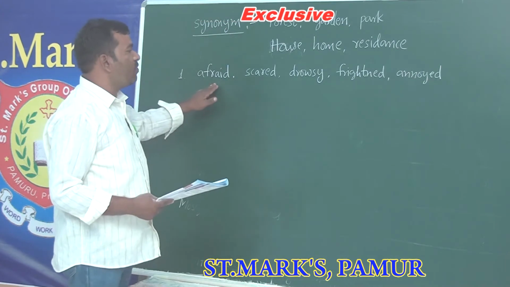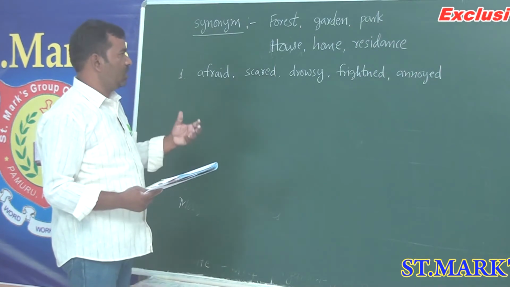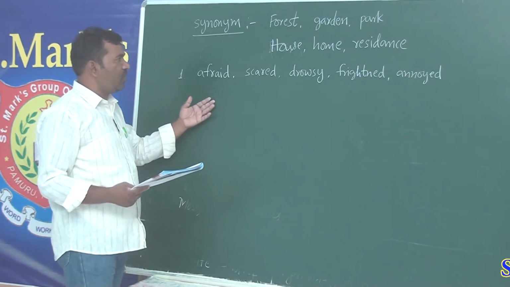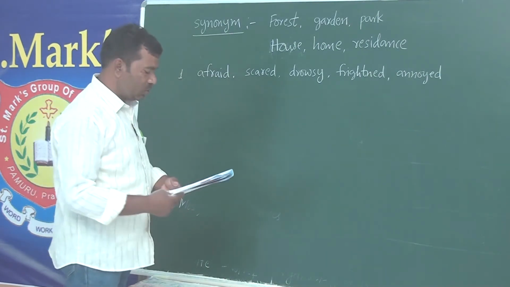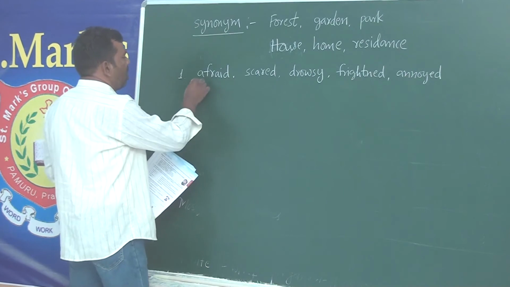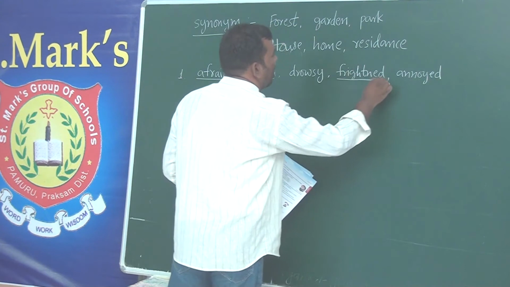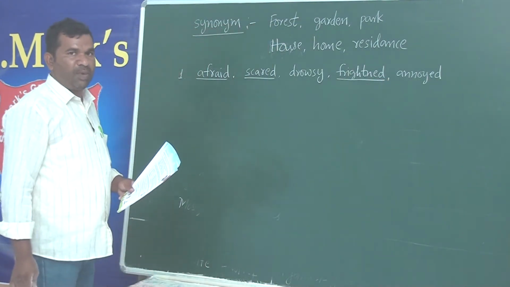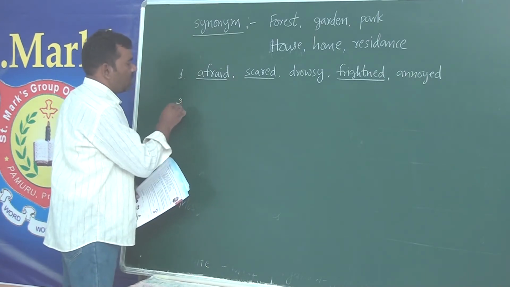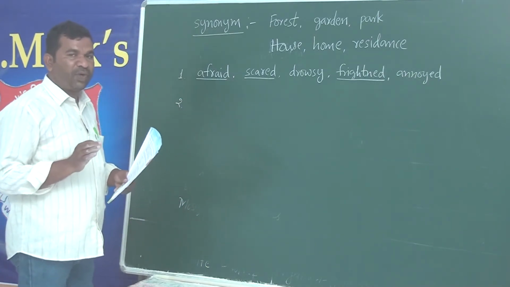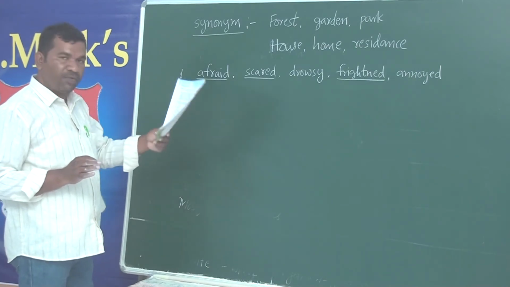As you are given 5 words, from these 5 we have to pick 3 which are the same in meaning. Afraid, scared and frightened make the same meaning. Afraid means when we sense fear, that is afraid, scared or frightened.